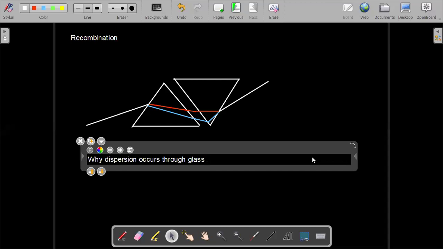Okay, so your answers are correct. Here you can write that a glass slab can be supposed to be made up of two prisms where the opposite faces are parallel to each other, and hence if one of the faces performs the dispersion of light, the second face performs the recombination of light. Got it?